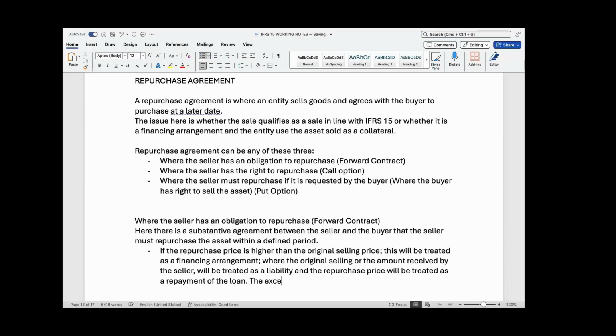So the excess of the repurchase price over the original selling price is treated as interest payable on the loan.